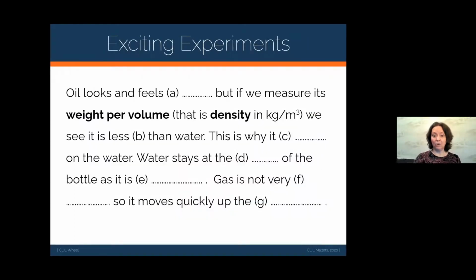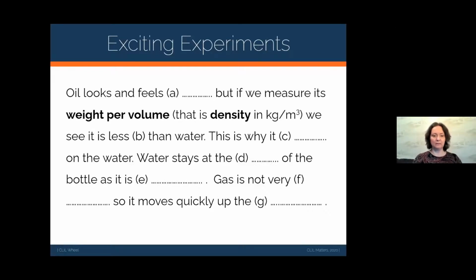It is because the whole concept here is density. So now I'm introducing the proper definition of density. It is weight per volume. That is density in kilograms per cubic meters. So this is proper academic language. This is the proper academic concept that I want my students to understand based on this experiment.